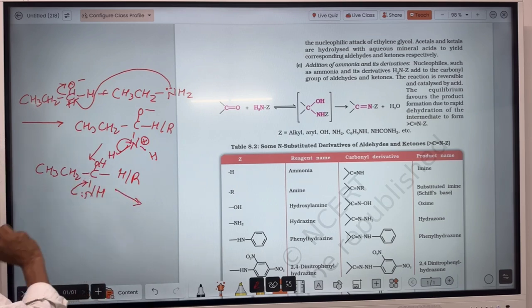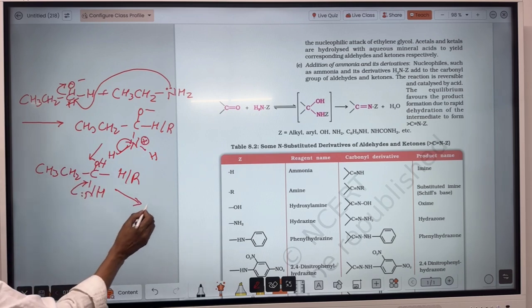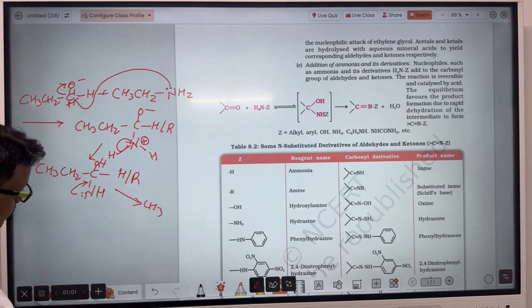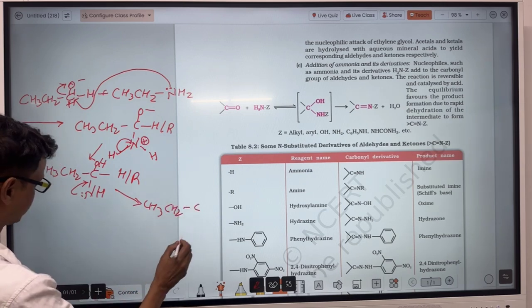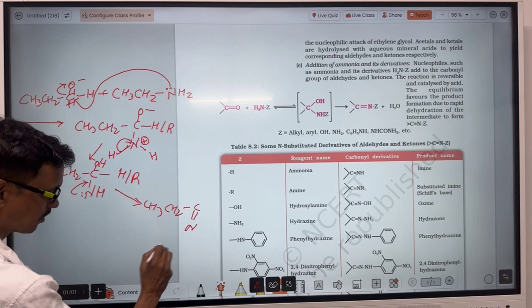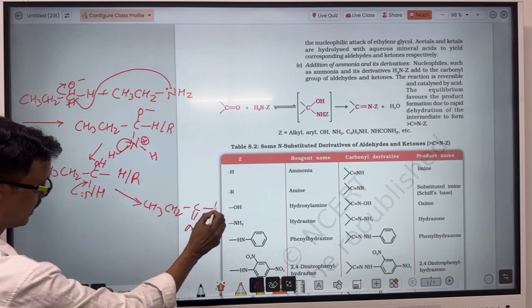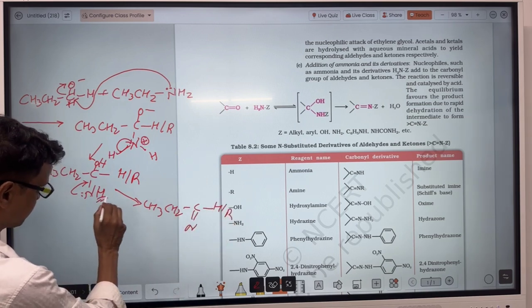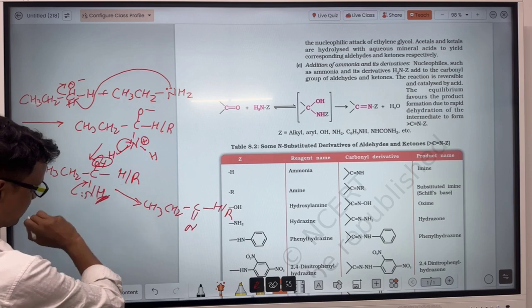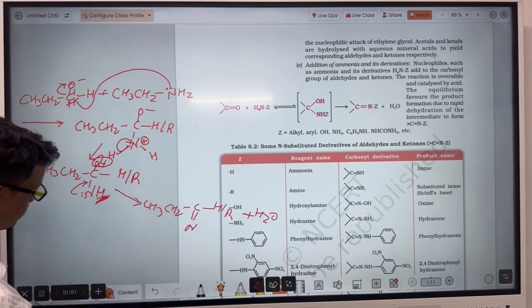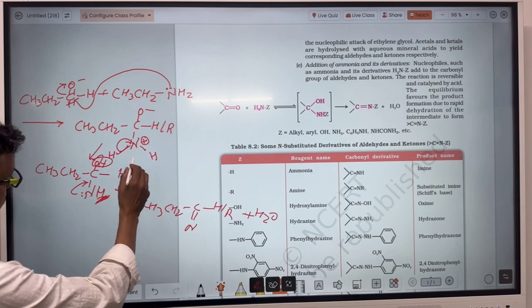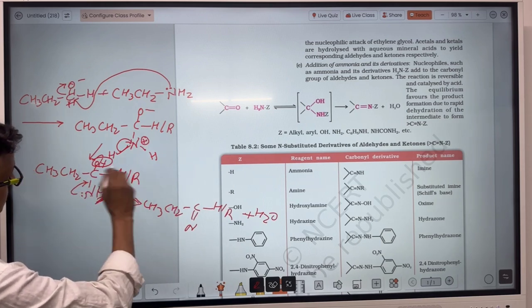So there will be a double bond between this nitrogen and this carbon, and the H plus ion released will combine with this OH and form H2O. And here is R.